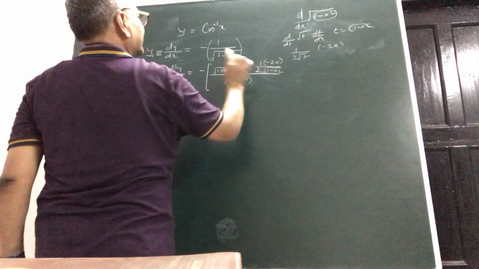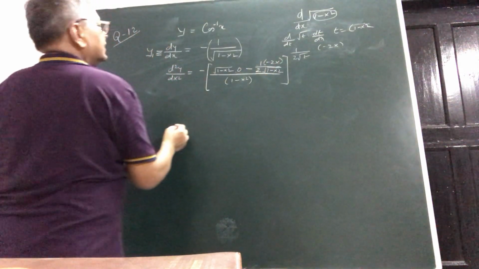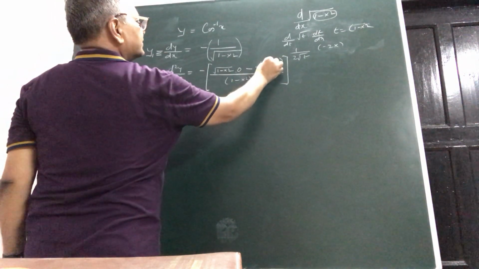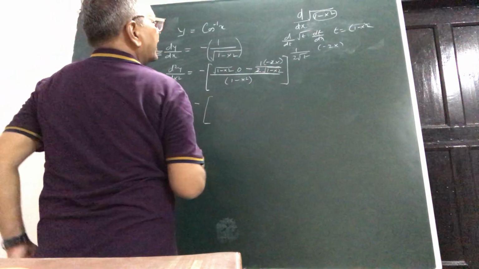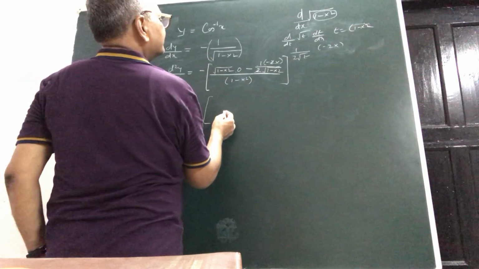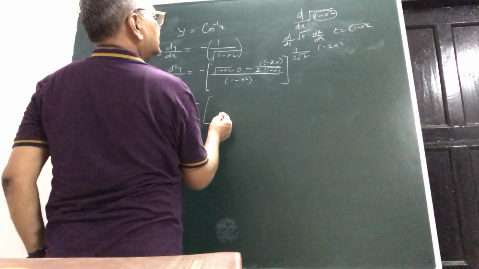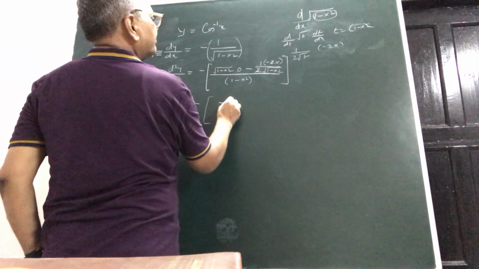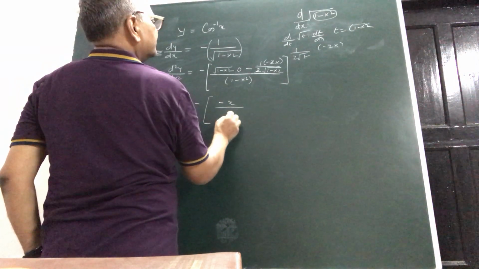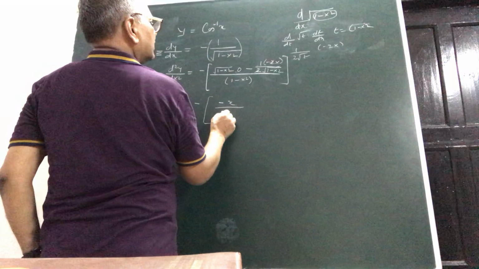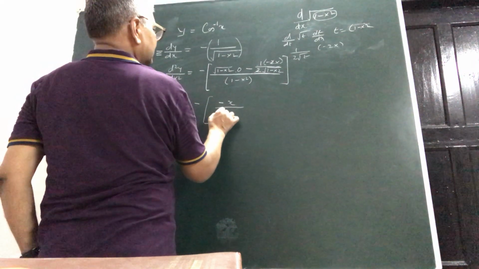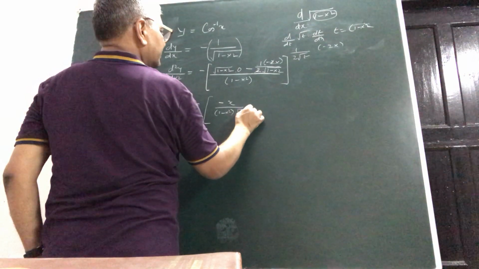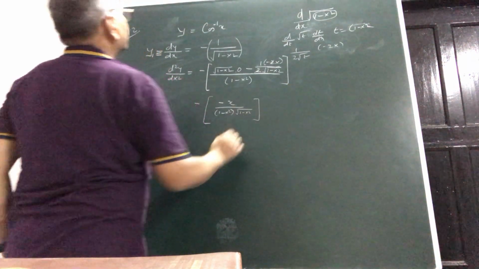So this minus will make it plus, you can put it here, so minus, this is 0, minus minus plus, 2 cancels, and what you get is minus x upon under root 1 minus x square and under root 1 minus x square. Okay, this is what you are getting.